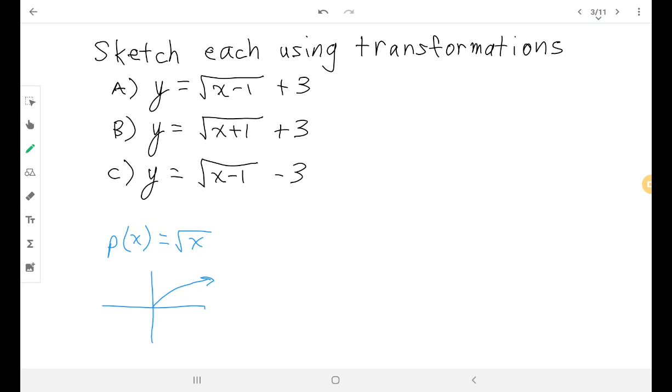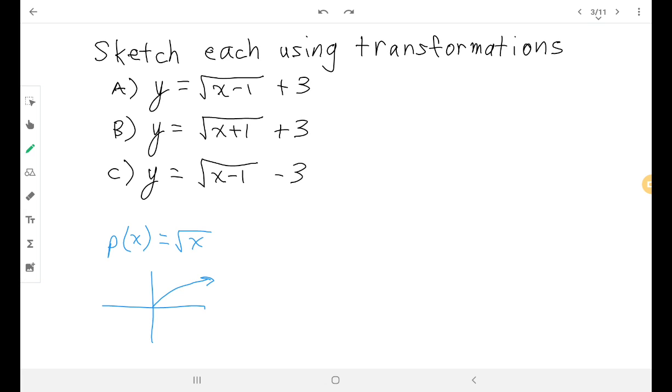It's got that little curve to it. It rises slowly, and it's got that endpoint. So what we're going to do is talk about how you can look at a modified version of the parent function and know exactly how to sketch it out. Okay?